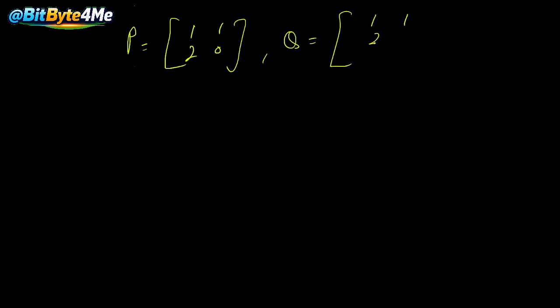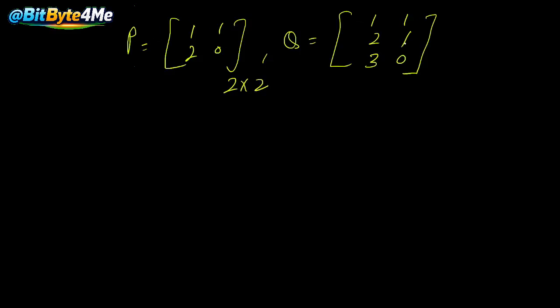Say P is equal to [1 1; 2 0] and Q is equal to [1 1; 2 1; 3 0]. So P is a 2 by 2 matrix because it has 2 rows and 2 columns.